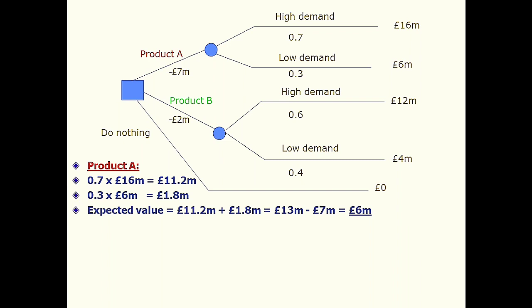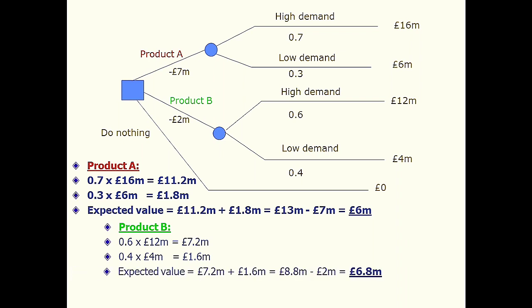The same procedure for product B: we calculate the expected outcome in terms of high demand as 7.2 and then with low demand as 1.6. Add them up, we come up with 8.8, and then we deduct the initial cost of 2 million to get the expected value of 6.8 million. Now when we are making a choice between two or more options, we try to choose the one with the higher expected value.